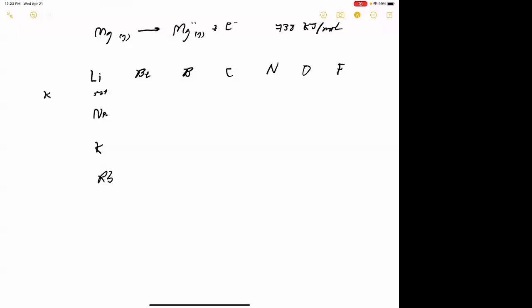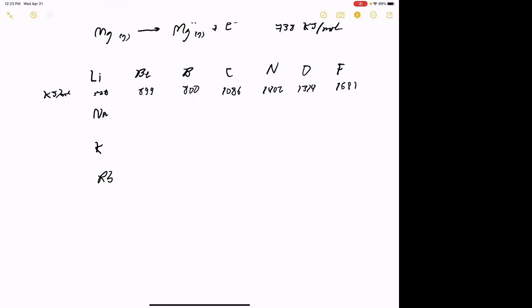These are kilojoules per mole. Beryllium is 899. Boron's 800. Carbon's going to be 1086. Nitrogen's 1402. Oxygen is 1314. And fluorine will be 1681.